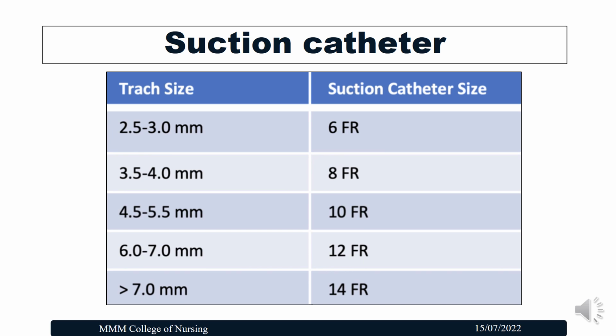If it is between 6 to 7 mm, a 12 French suction catheter can be used. If the tracheal size is more than 7 millimeter, then a 14 French suction catheter can be used. So this is how we select the suction catheter based on the tracheal tube size.